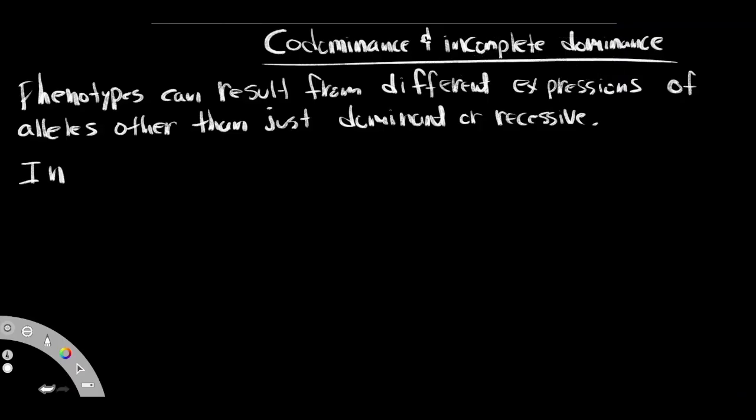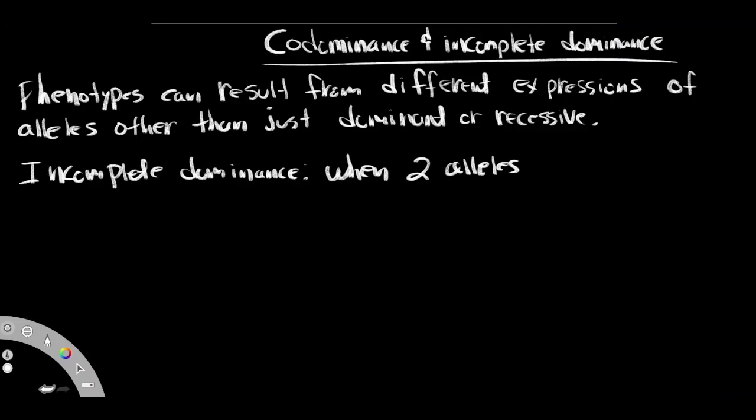So incomplete dominance is when the two alleles are actually equally dominant.